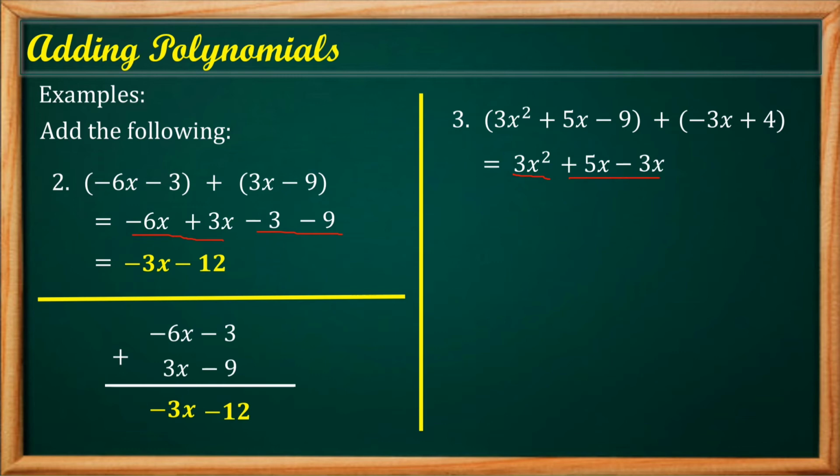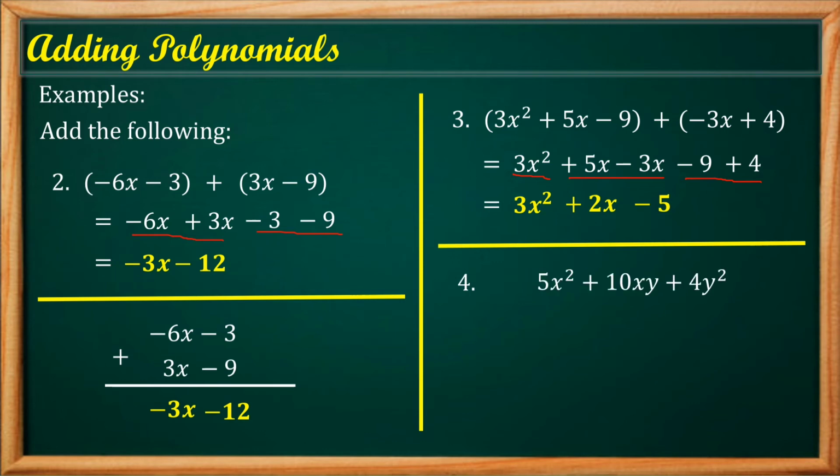Then, we'll have here 5x minus 3x, sila yung similar terms. Next, negative 9 and positive 4, sila yung similar terms. Then, copy 3x squared. Then, 5x minus 3x is positive 2x. Then negative 9 plus 4 is negative 5. And that would be our answer.